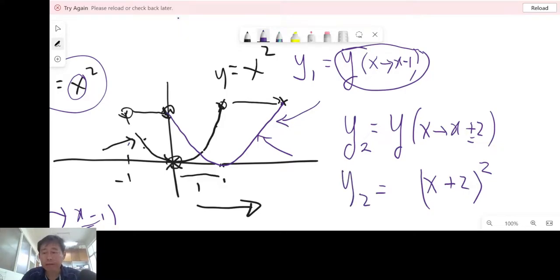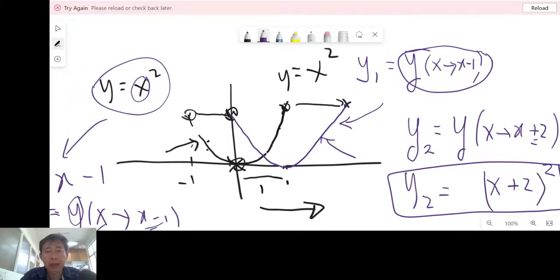So this is the expression of y2, and if you plot this graph out, you will see that it represents the function y equals x squared but shifted to the left by 2 units. So I think this is 2 units in this case, 2 units to the left. And let's see if this is true.